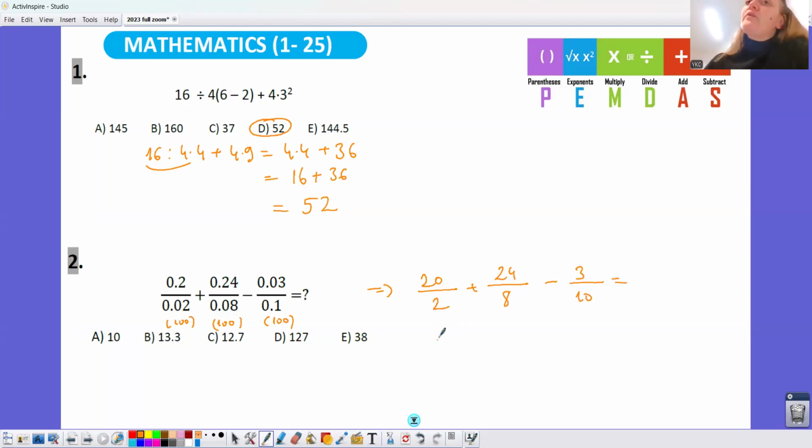So as you see, 20 over 2 will be 10, plus 24 over 8 will be 3, minus this one is 3 over 10, which is 0.3, is equal to 13 minus 0.3 will be 12.7, which is C. While you're answering, be careful not to make mistakes in writing, because there can be some tricky questions sometimes. So 12.7, which is C, the second one.